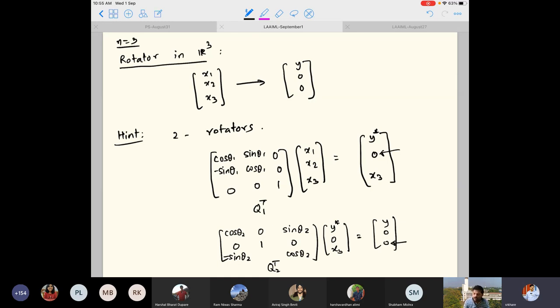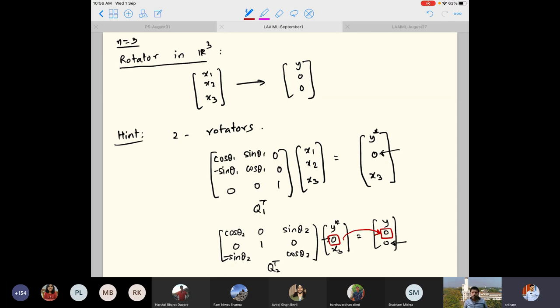So you see here, I had a zero here. Now the way I have constructed Q2 transpose, this zero is not going to get disturbed, right? So this zero goes as a zero here. No disturbance to this zero. Only y star and x3 are going to come into the picture, and that y star and x3 is almost like a two-dimensional vector in R2. You construct cos theta 2, sin theta 2, minus sin theta 2, cos theta 2 in such a way that you get a y, 0.